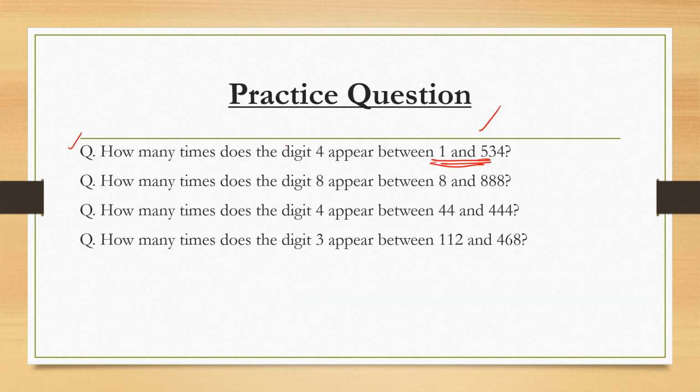How many times does the digit 4 appear between 1 and 534? Again, break it. 1 to 99, 100 to 199, 200 to 299, like that.